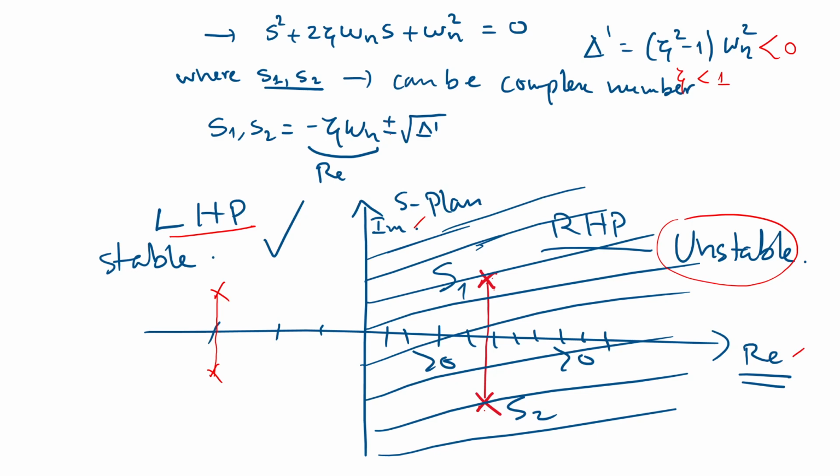You consider the angle of the pendulum with respect to the vertical axis like this. So the angle is increasing. That is unstable. If you have a pendulum just pointing downward like this, even if you push it a little bit, it's going to come back here. So this system is stable. Okay, it converges to zero value, right?